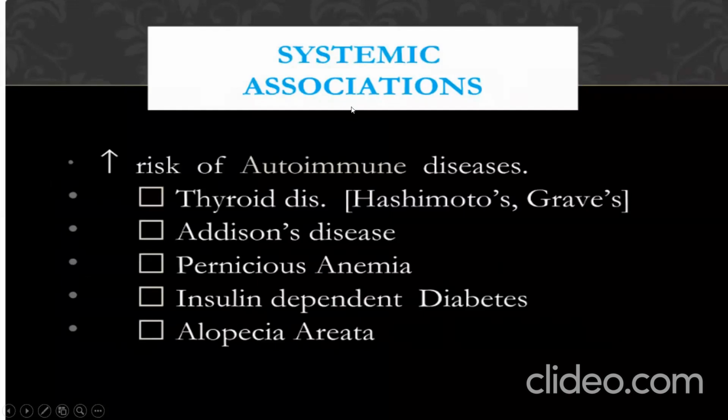Then some systemic association. There is an increased risk of autoimmune diseases like thyroid disease, Hashimoto's or Graves' disease, Addison's disease, pernicious anemia, insulin-dependent diabetes, and alopecia areata.